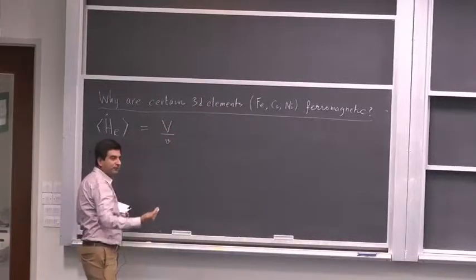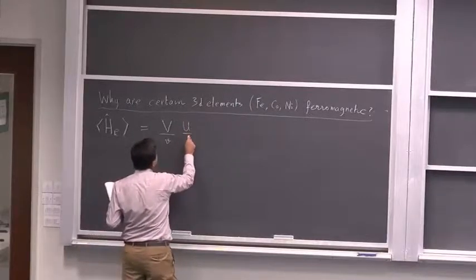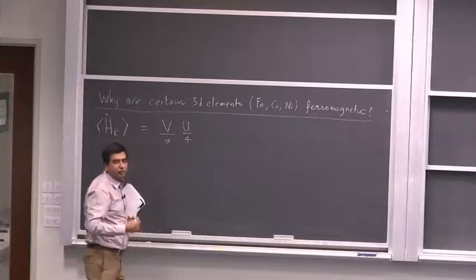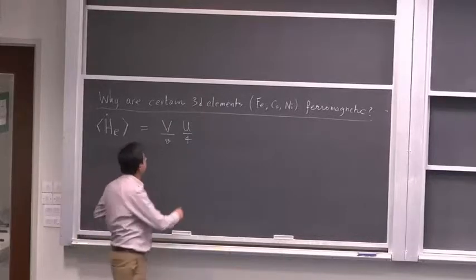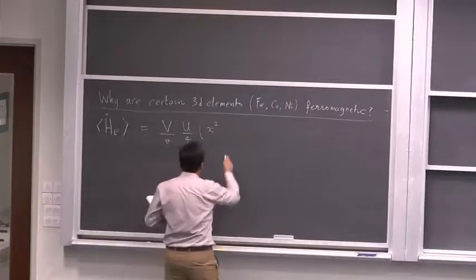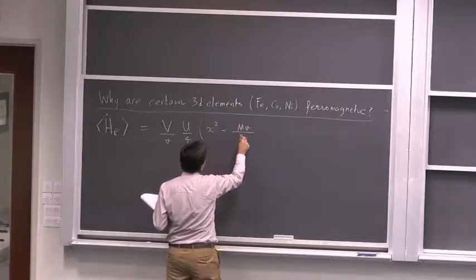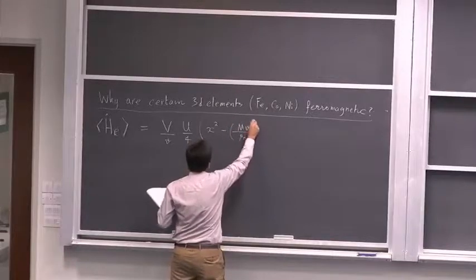Capital V is the volume of the material, small v is the volume of the unit cell, U over 4, where U is the Coulombic repulsion factor, the site occupancy is X, minus N V over mu V, squared.